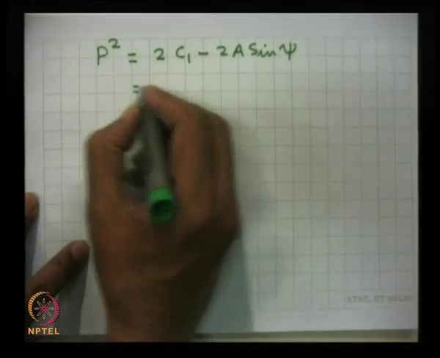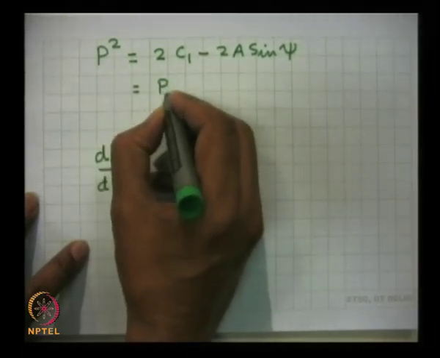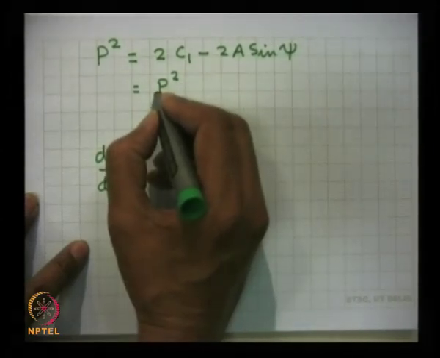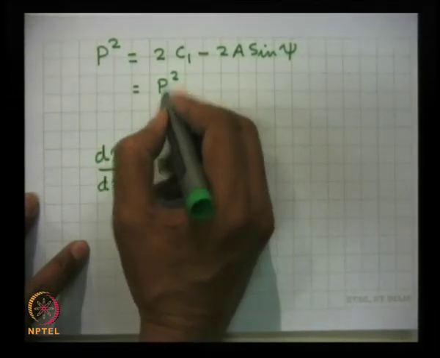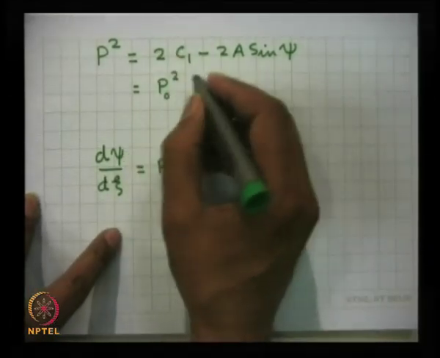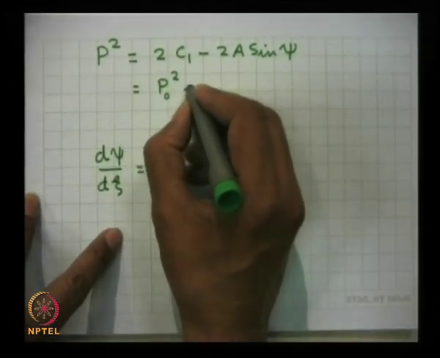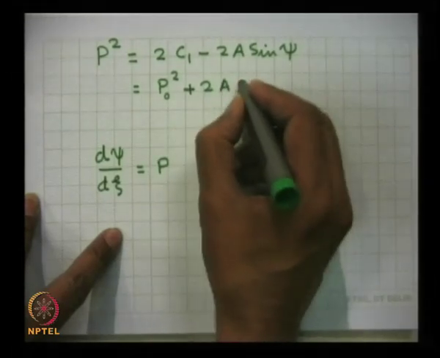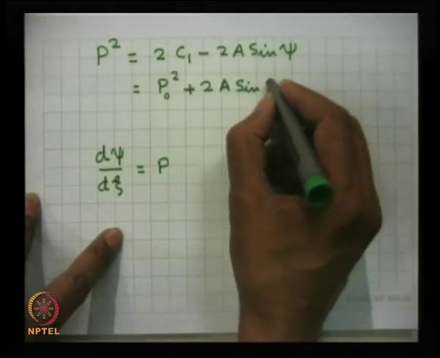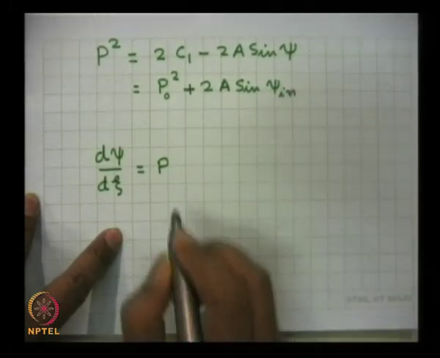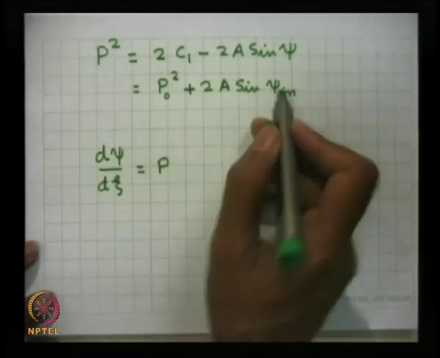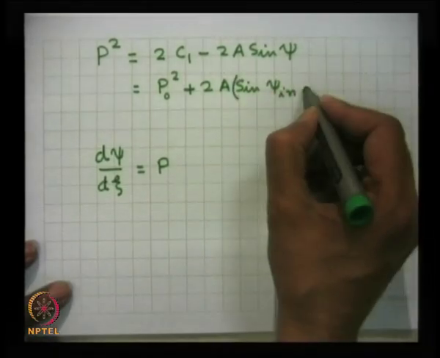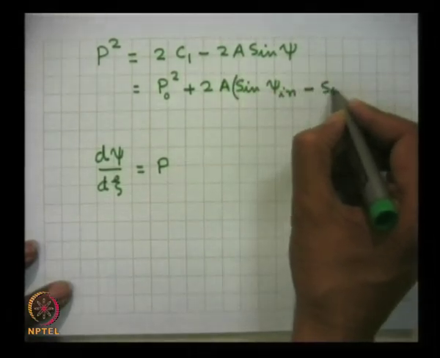Then 2C1 is like P0 square plus 2A sin psi initial. From this value of 2C1, if I subtract, this becomes simply sin psi initial minus sin psi.